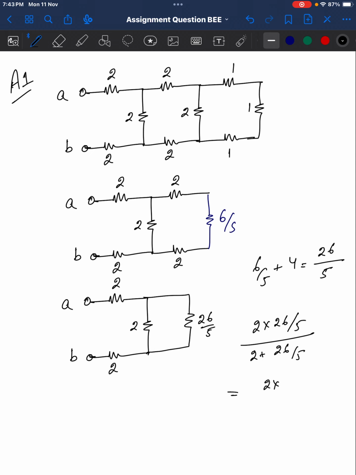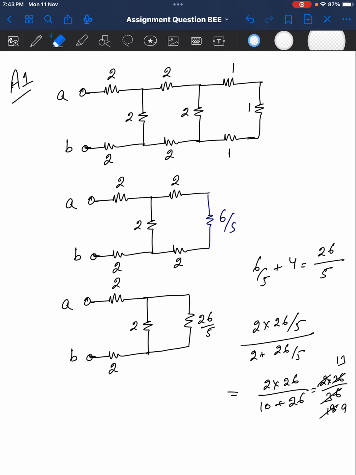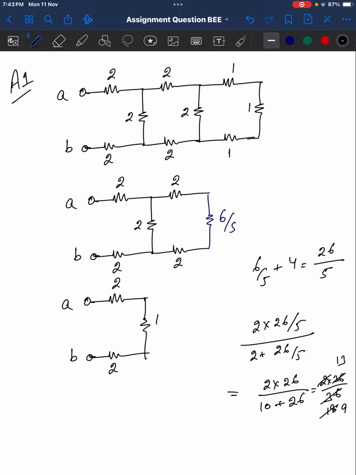This is nothing but 2 into 26 by 10 plus 26, that is 2 into 26 by 36. This is 18, and we can get 9, and this is 13. So we get 13 by 9. So we remove these two and add a resistor saying that this is 13 by 9.